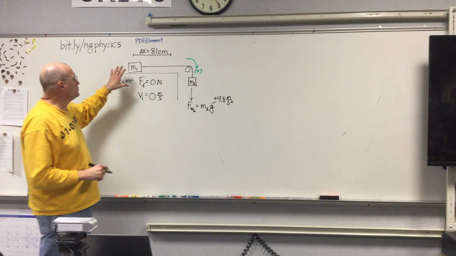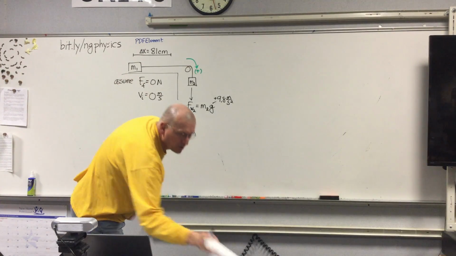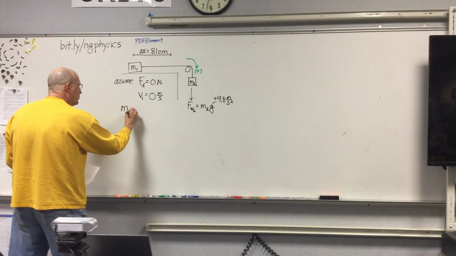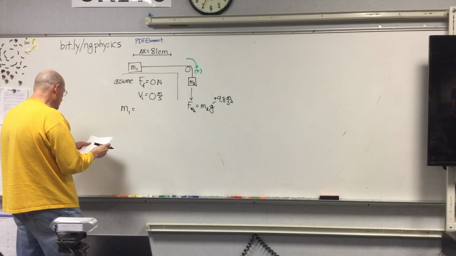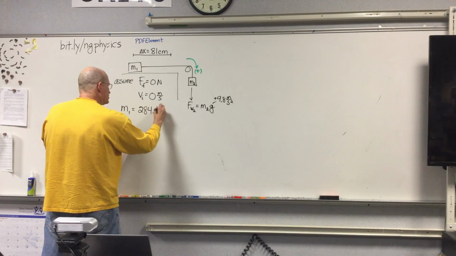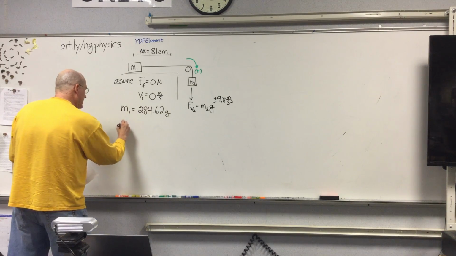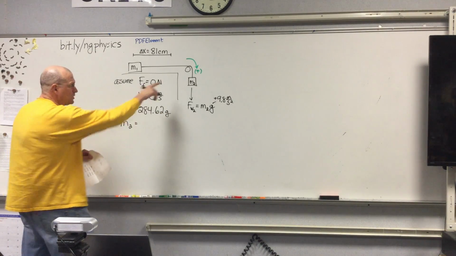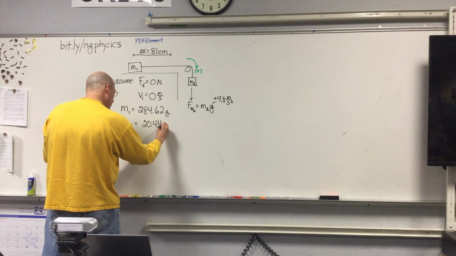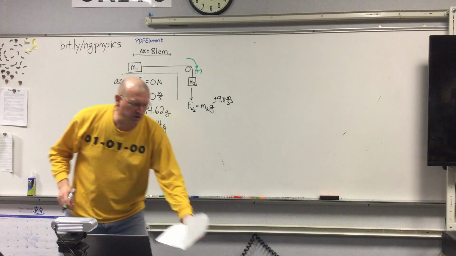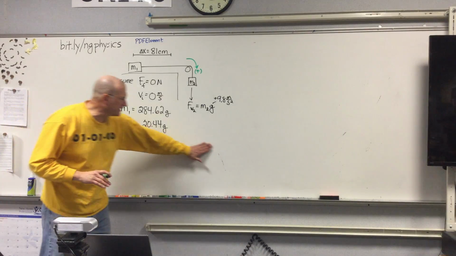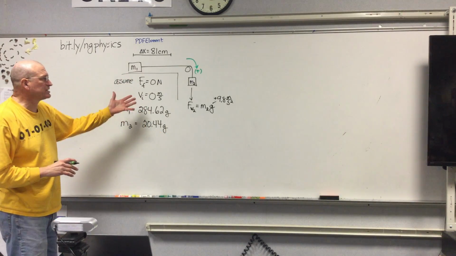And I went ahead and used the electronic balance to measure the masses of these two things, so I can tell you that M1, which was the cart on the AirTrack, is 284.62 grams, and M2, which was the hanging mass, is 20.44 grams.